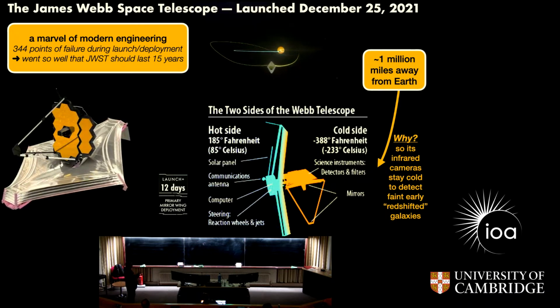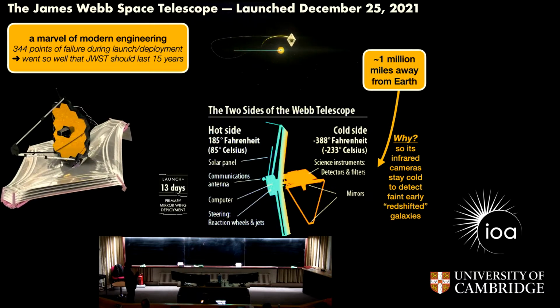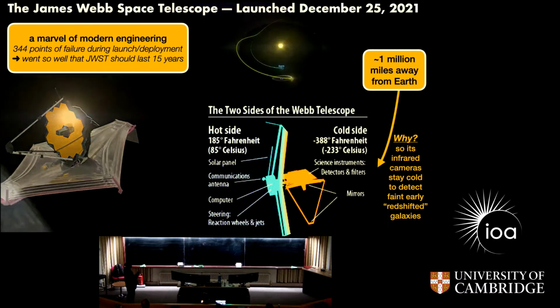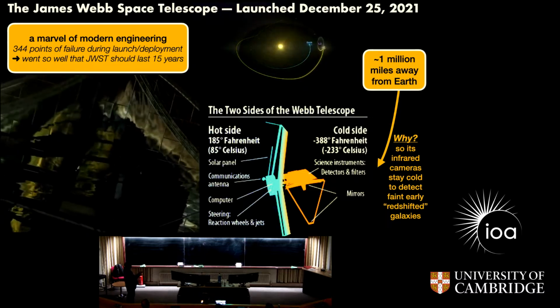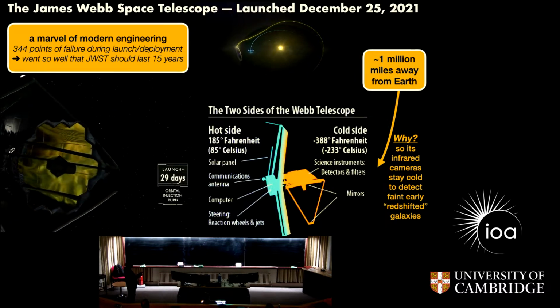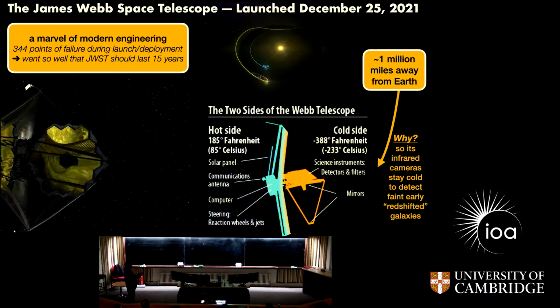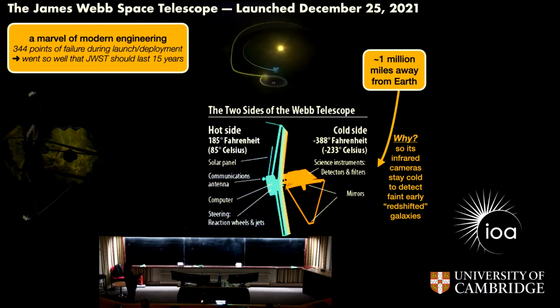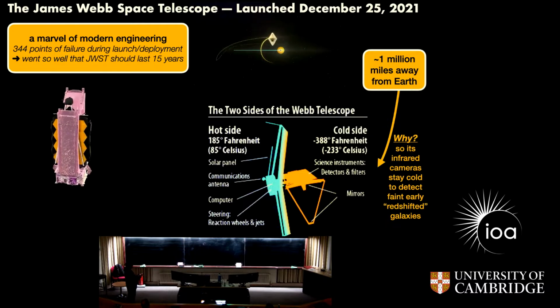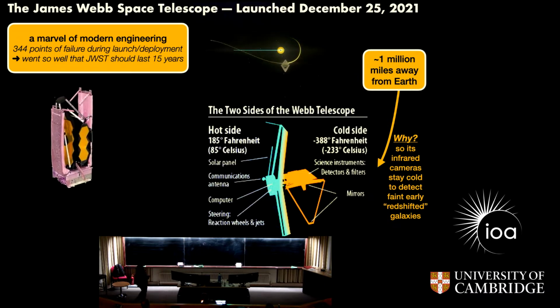So, you know, where this gold-plated mirror is, and the instruments of the cameras, that's on one side here, and then below it, on the other side, is this sun shield, where it's about 85 degrees Celsius, so actually very hot, a few hundred degrees hotter than this other side where the telescope actually is, which is about minus 230 degrees Celsius.